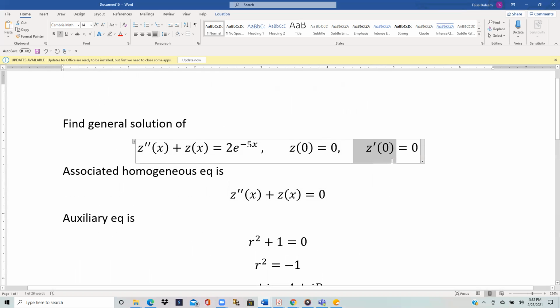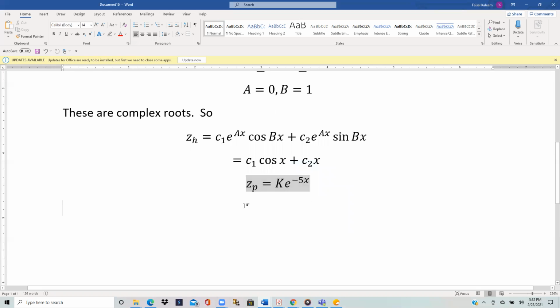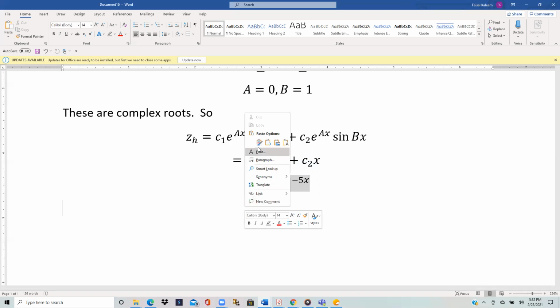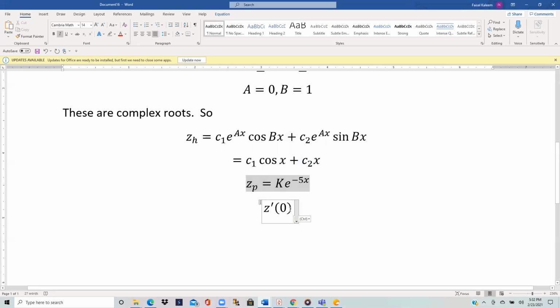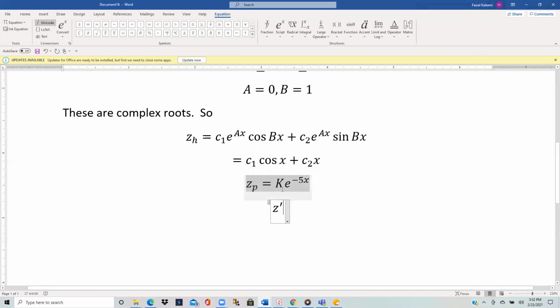So ZP prime, you take the derivative, that would be negative 5k e to the negative 5x.